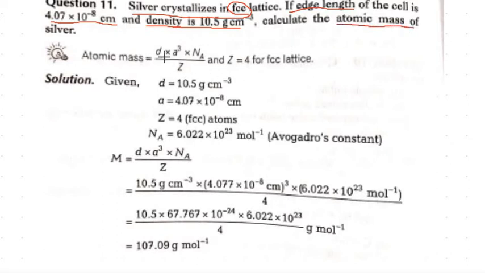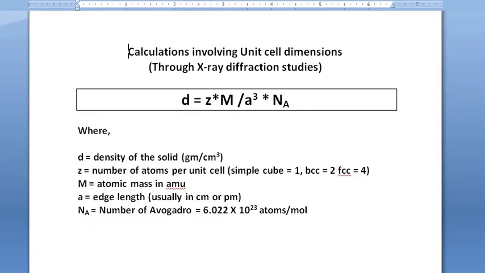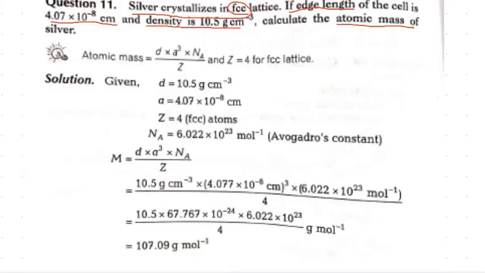So you know the formula. What is the formula? Just recall. The formula says d equals z into M upon a cube into N A. If I make M the subject of this formula, it will look like d into a cube into N A upon z.